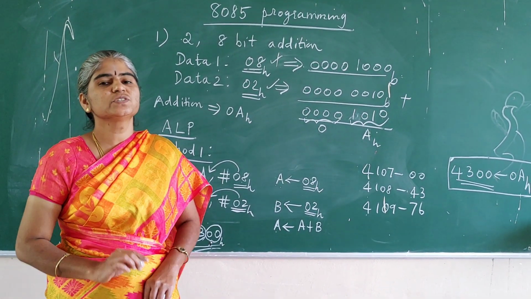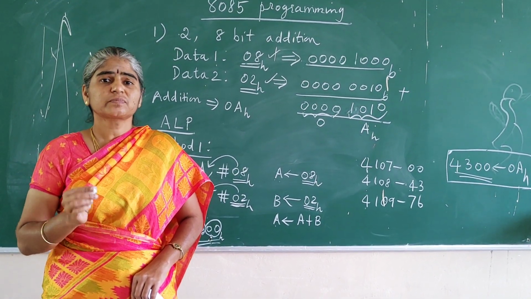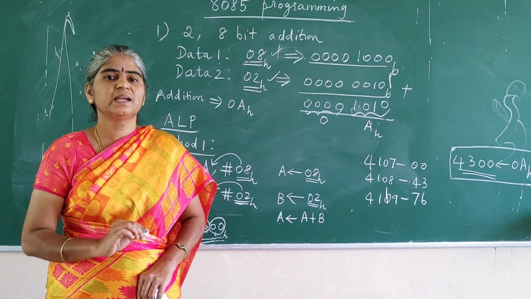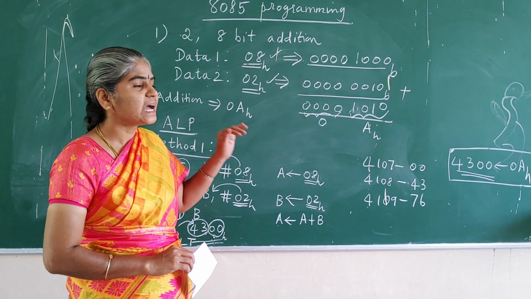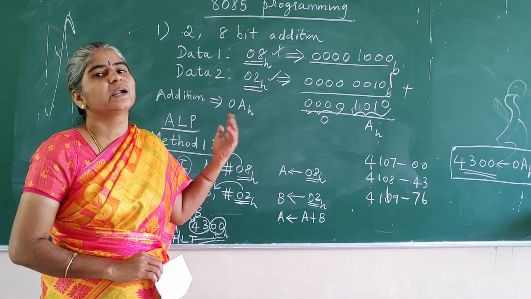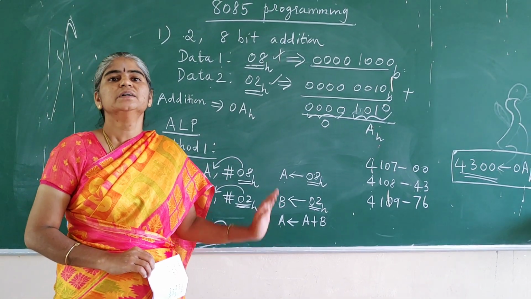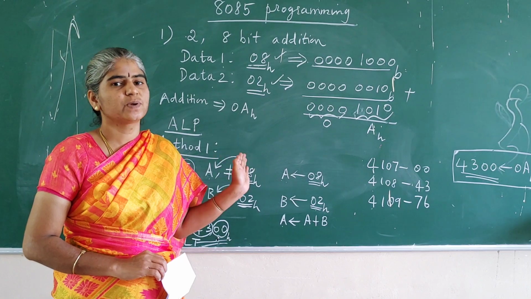This example is only for adding two 8-bit values, that is, addition of two 8-bit numbers using the 8085 microprocessor without carry. If any carry occurs, we have to move to another program. This is a basic concept you have to remember, and all students must understand this basic information.